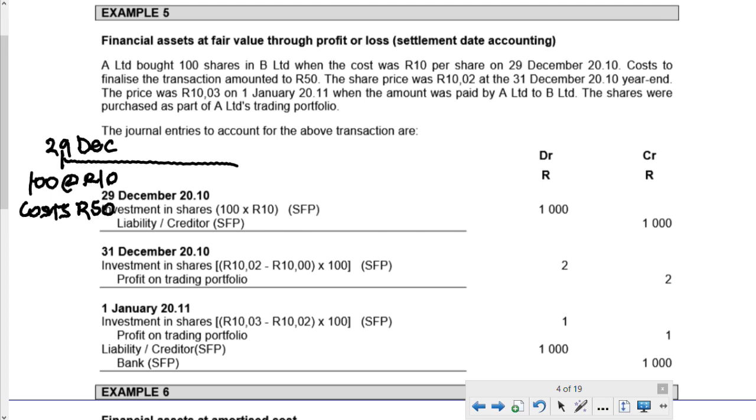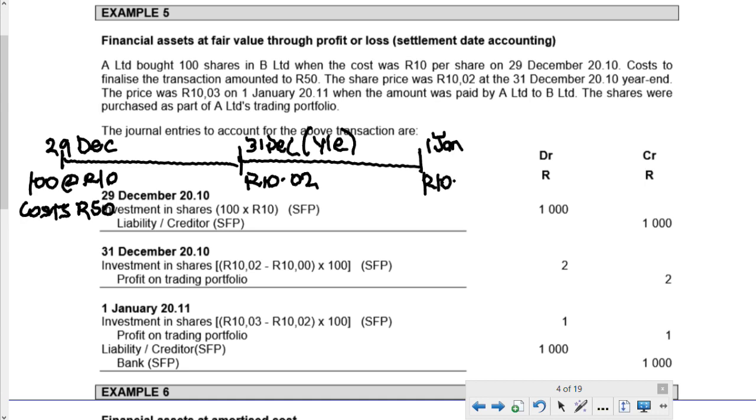Okay. Then the share price at 31 December, and I presume that's my year end, was 10 Rand and 2 cents. The price on the 1st of January was 10 Rand and 3 cents.